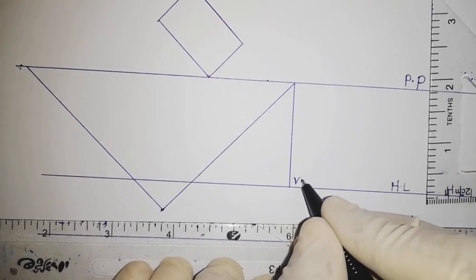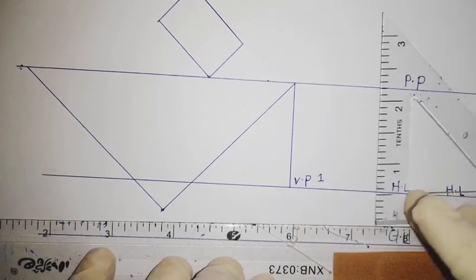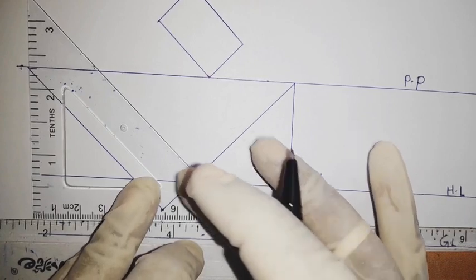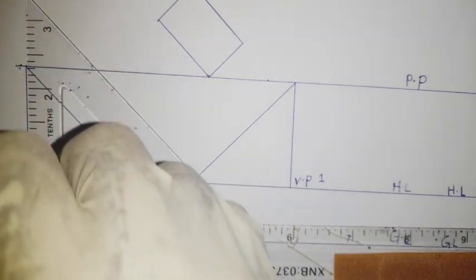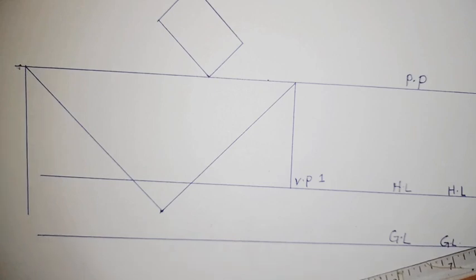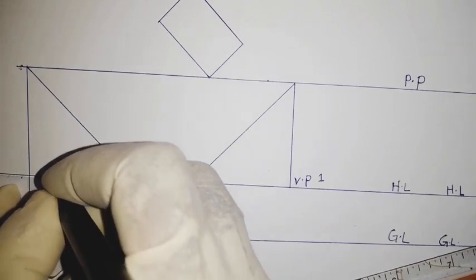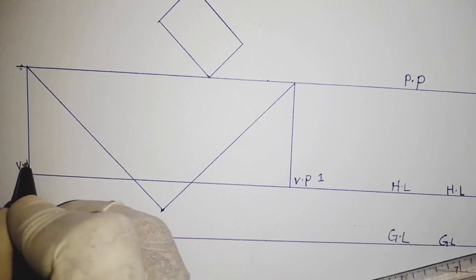We can call this vanishing point 1. Then again on this other side, we drop to get another vanishing point. So this is vanishing point 2.